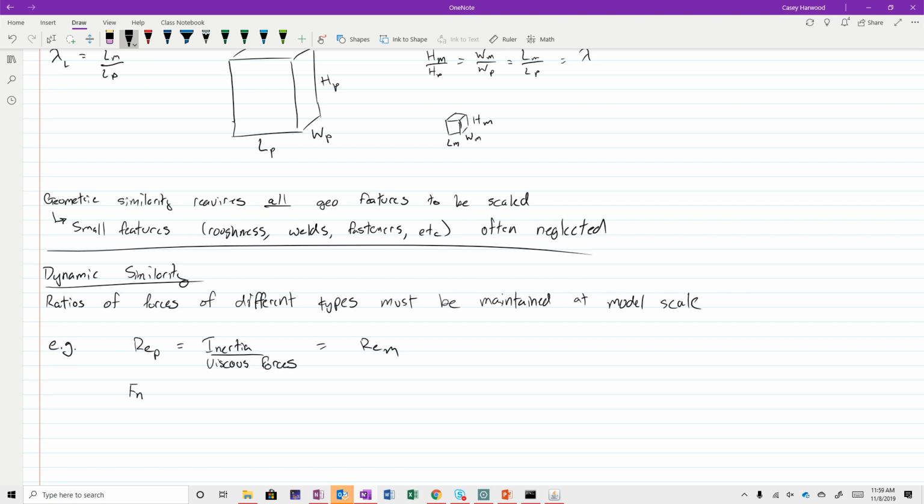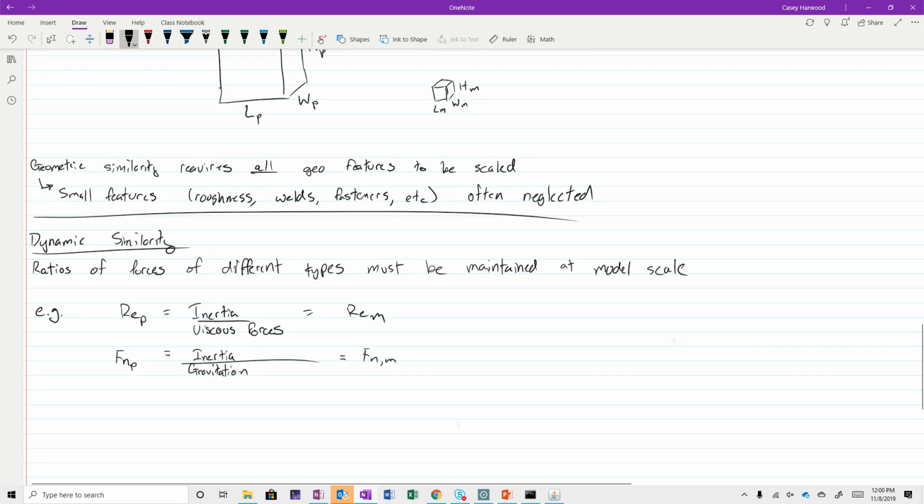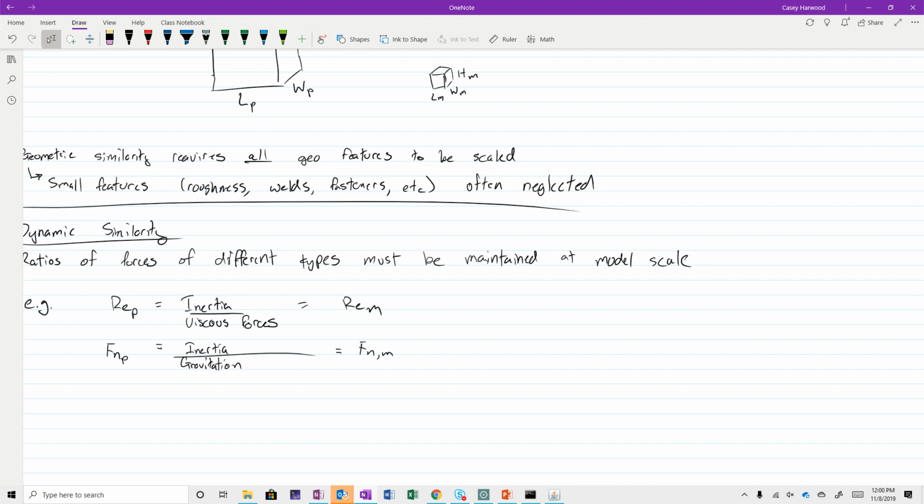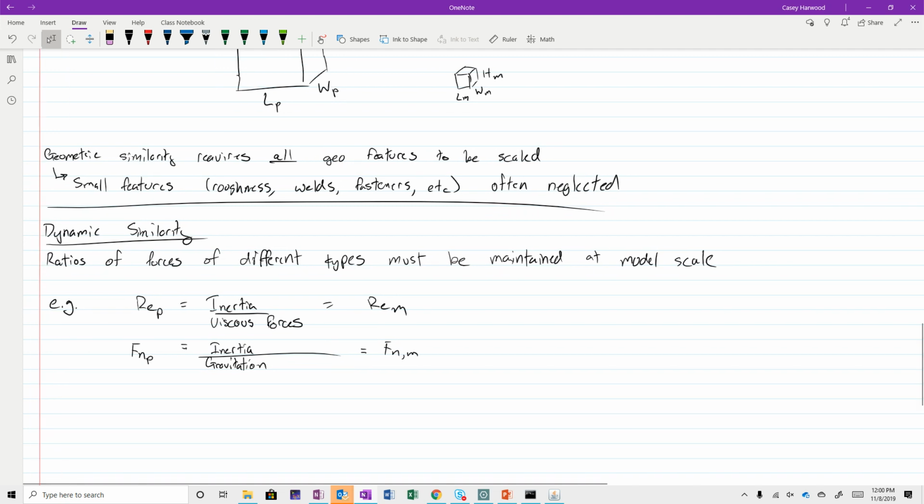Likewise, if we've got something involving a free surface with a Froude number, which is inertia over gravitation, this needs to be maintained at model scale as well. So if geometric similarity and dynamic similarity are achieved, then the result will implicitly be the third type of similarity, which is kinematic.